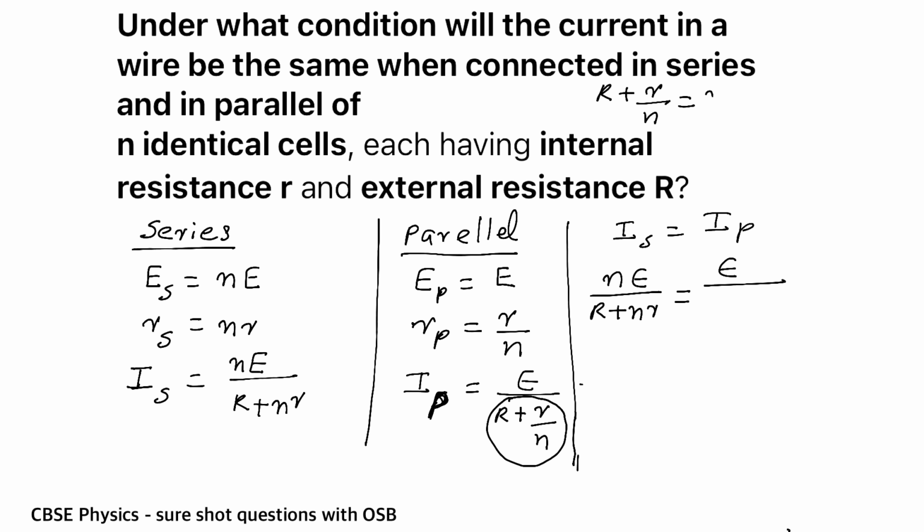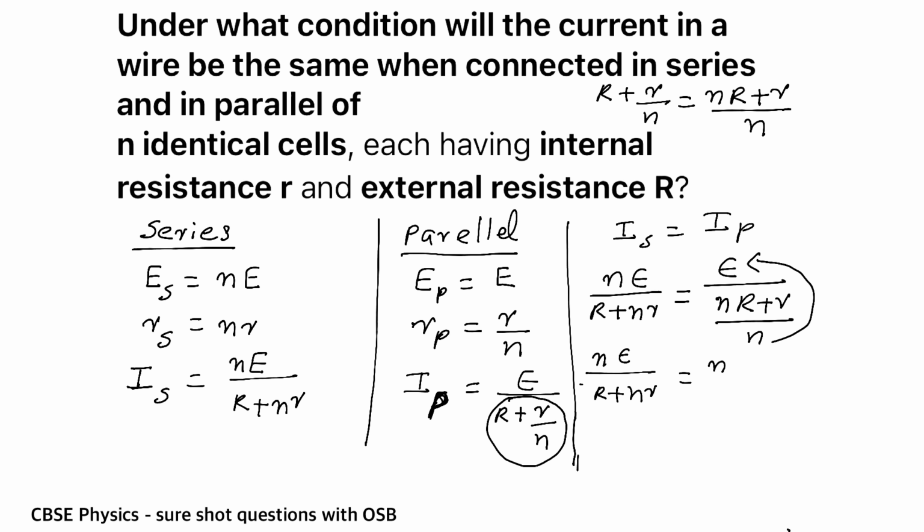So it becomes Nr plus r by N, correct? Nr plus small r by N. And the denominator of the denominator will come to the numerator. So Ne by R plus Nr is equal to Ne by Nr plus r.